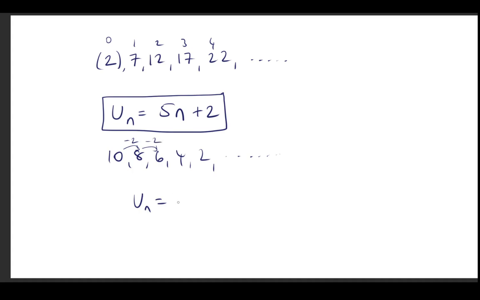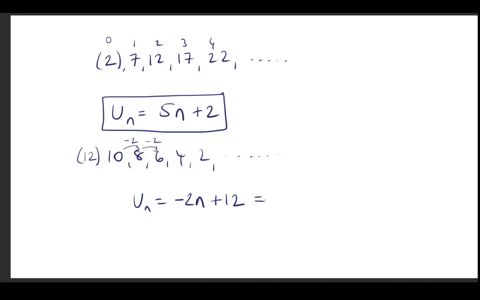So my formula will have to be -2n. And what is the term before the first one? If it's going down by 2 each time, the 0th one, the one before the first, must have been 12. So my formula is -2n plus 12.